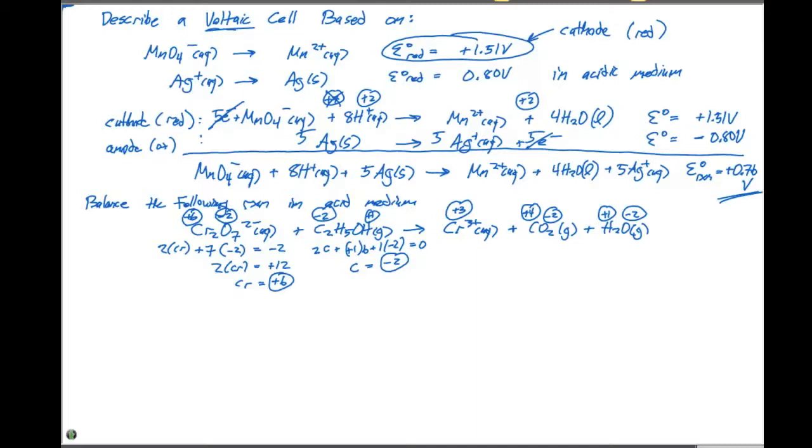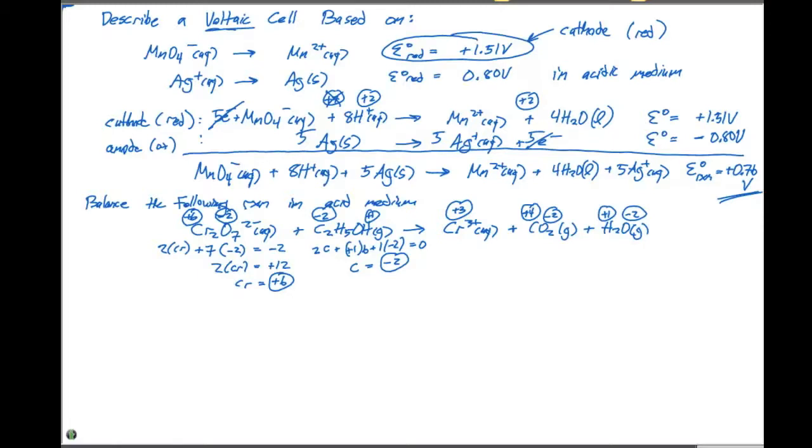So in these particular cases, unless you have oxygen as a peroxide or as O2 gas, its oxidation state is going to stay fairly constant. We have the chromium being reduced from +6 to +3, and we have the carbon being oxidized from -2 to +4. So this is what's happening in this particular reaction.